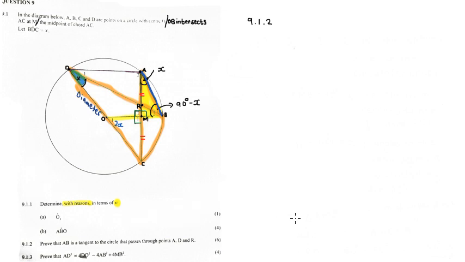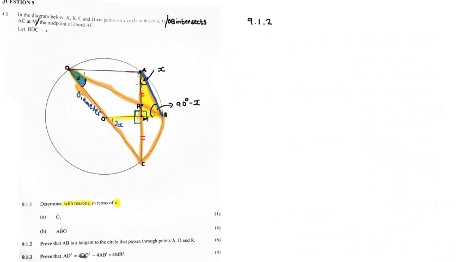So if we look at this line AB, we can clearly see that trying to prove it is perpendicular to a radius is going to be tricky. So most probably what we have to do here is prove the converse of the tan chord theorem. Notice that they said the circle is passing through the points D, R, and A, those three points on that triangle.